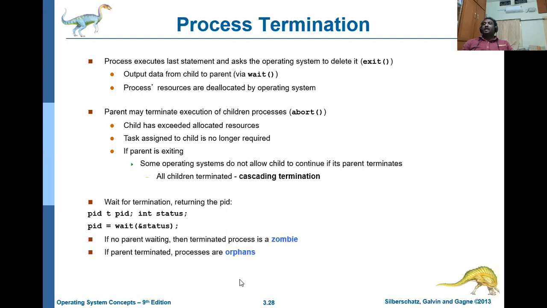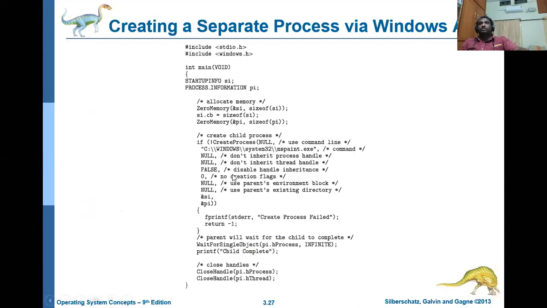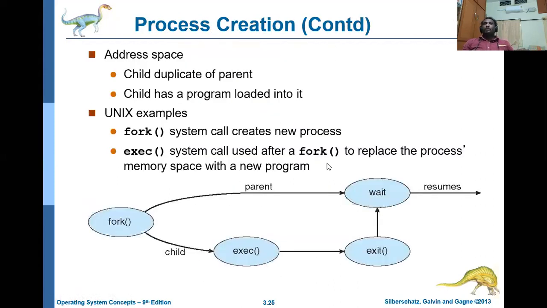Orphans means if there is no parent process, the child process has to be terminated. If it is not terminated, then the process is called an orphan. Clear with this, everybody? So there we have process creation and process termination, two things we have in operations on processes. Clear?